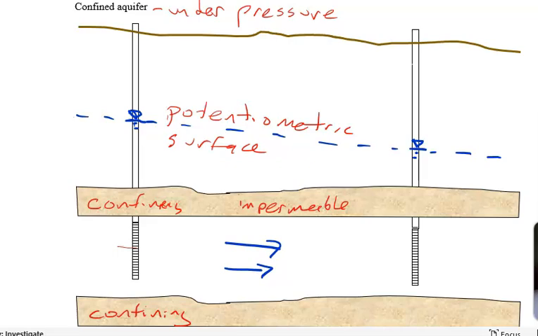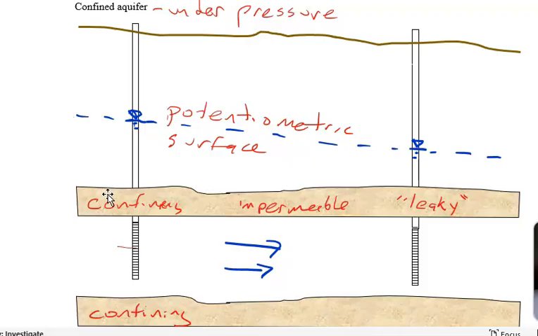If you have a clay or a rock, it's not all or nothing. It can be really, really slow and be almost impermeable. In that case, we might use the highly technical term leaky. So it's more permeable than the stuff above or below it. Well, we care about the stuff above it for our confined aquifer, but it might leak through.